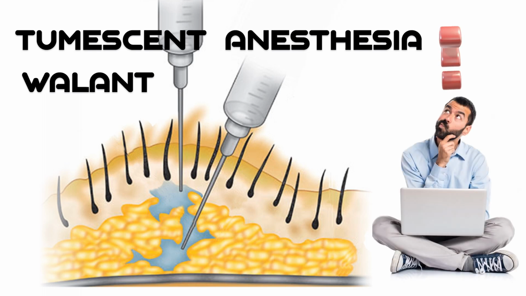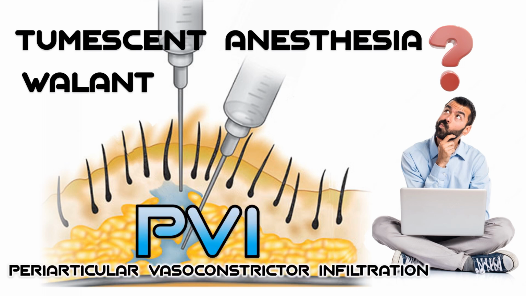After using WALANT for different orthopedic procedures, we considered the possibility of performing injections on deeper planes, reaching the larger caliber vessels as well as peripheral nerves involved in the surgical area. We call it PVI, periarticular vasoconstrictor infiltration.